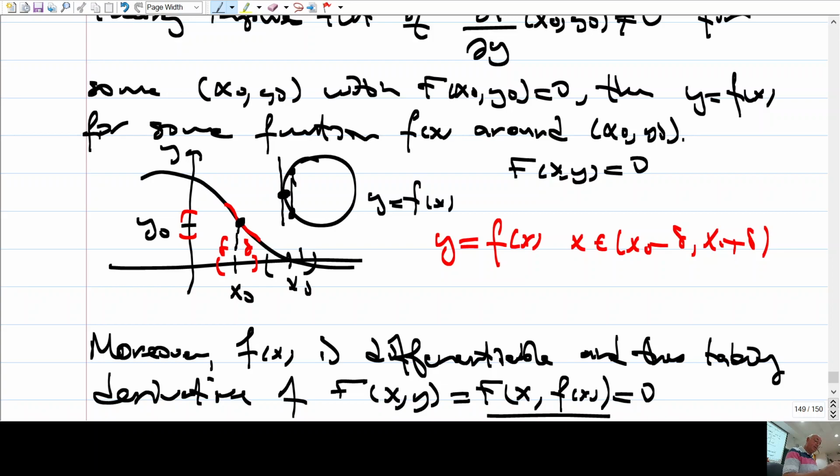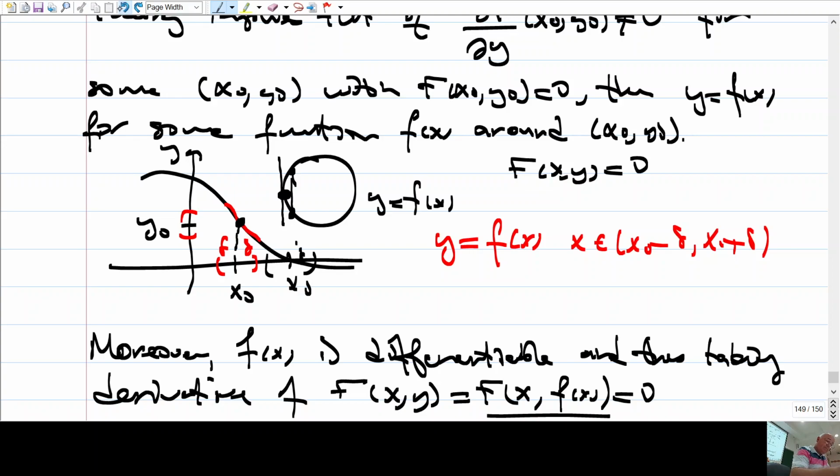Around this point, this graph is not a graph of a function. Because for any x value, there are two y values. But if it were a function, then there would be only one y value.